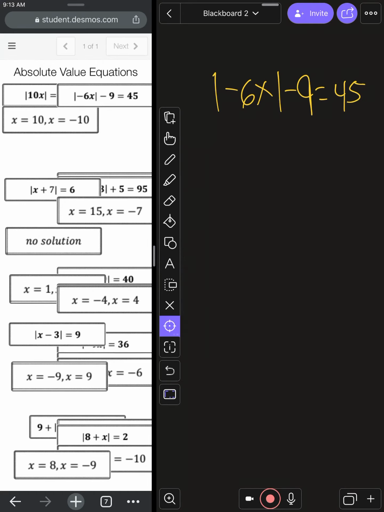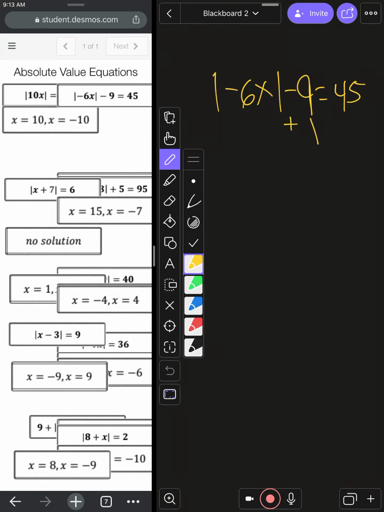First thing, and the first step is you have to get this all by itself. Okay, I have to get that absolute value all by itself. This minus 9 is preventing it from being all by itself. So I gotta get rid of that minus 9. What's the opposite of subtracting a 9?